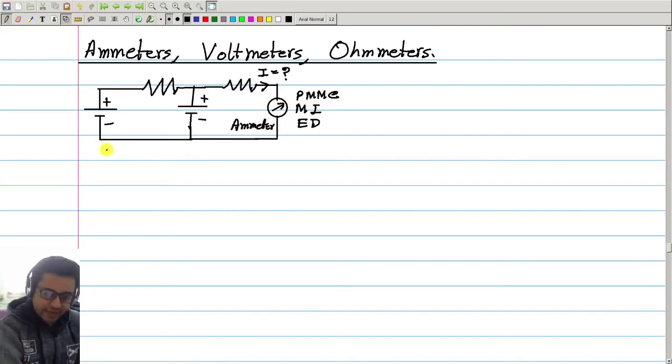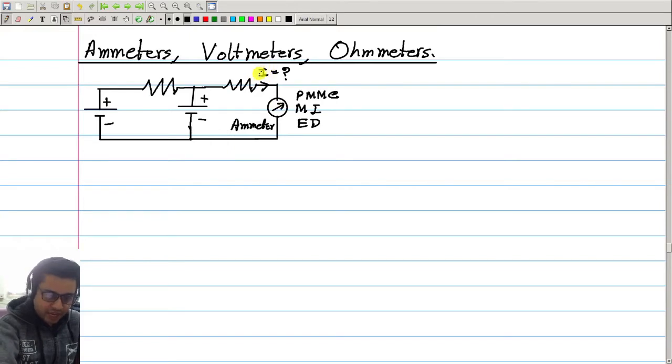Now there is a catch here. The catch is that the moment you insert the instrument, the circuit is changed. The circuit is no longer as it was before the instrument was inserted.